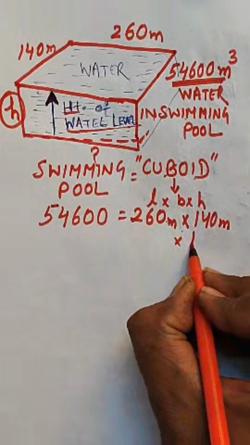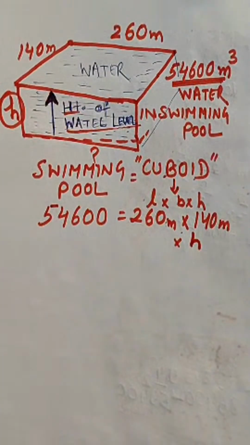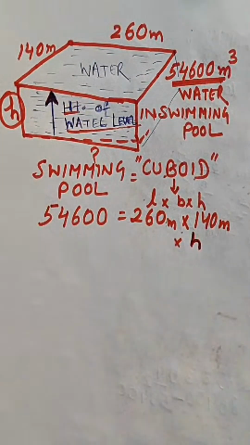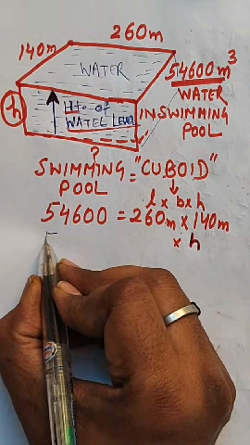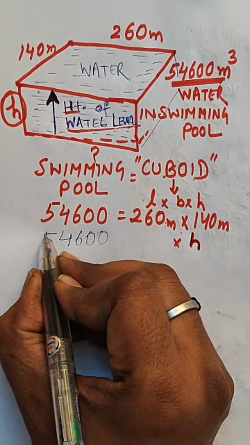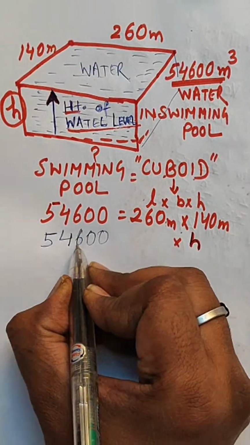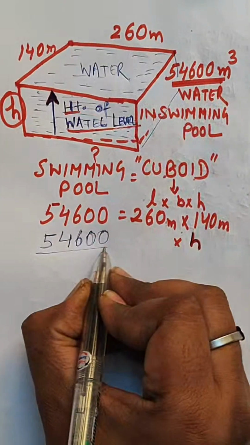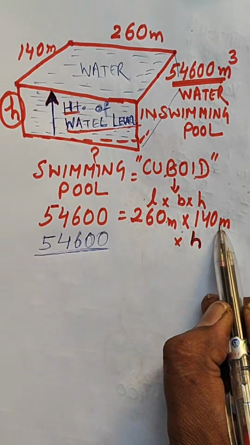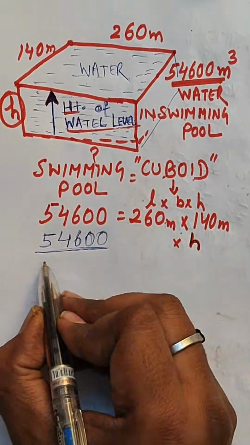Just keep it as a variable. H can be calculated very easily if you divide 54,600 by 260 and 140 meter, which is coming from the RHS.